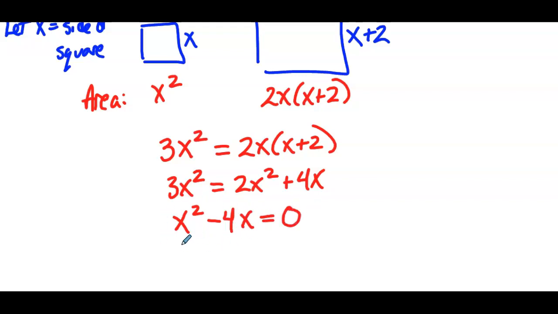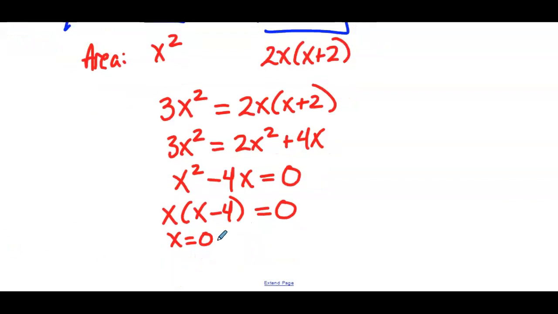We can factor using the greatest common factor method. So we have x times (x minus 4) equals 0, which means either x equals 0 or x minus 4 equals 0, x equals 4. Now, x equals 0 doesn't make sense in this problem.